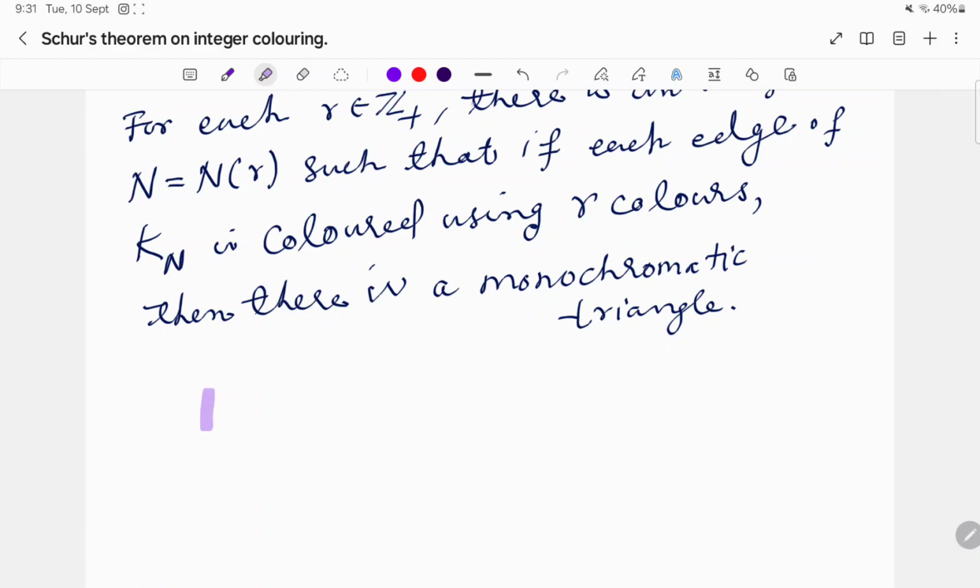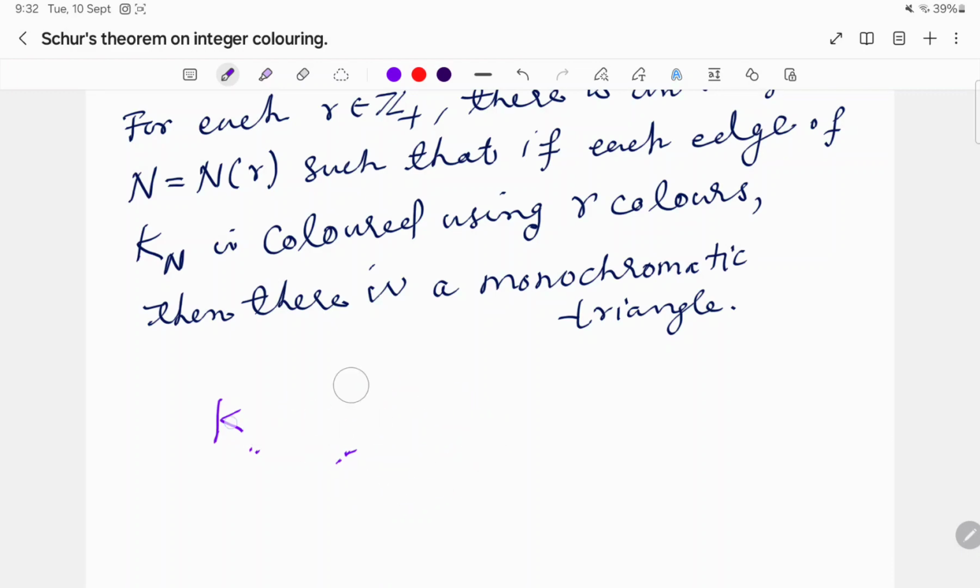So if I say K4, that means there are 4 vertices, every pair connected by edges, right? So that is K4. And when I say Kn, that means there are n vertices, and between every pair of vertices there is an edge. So that is the idea.